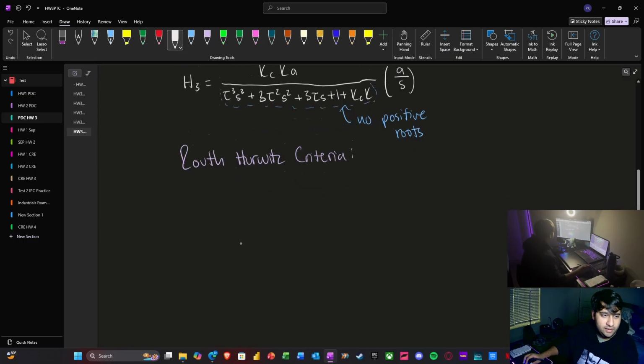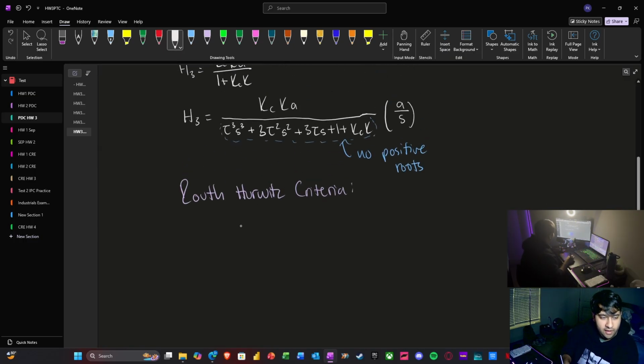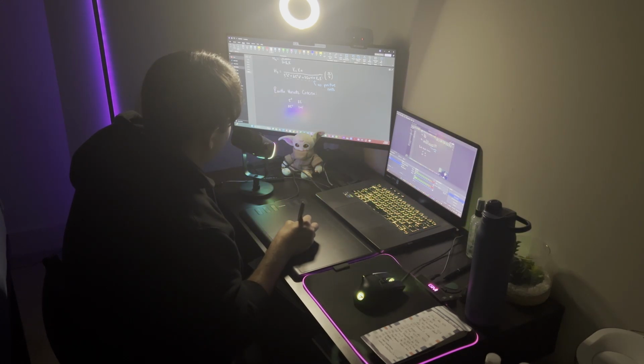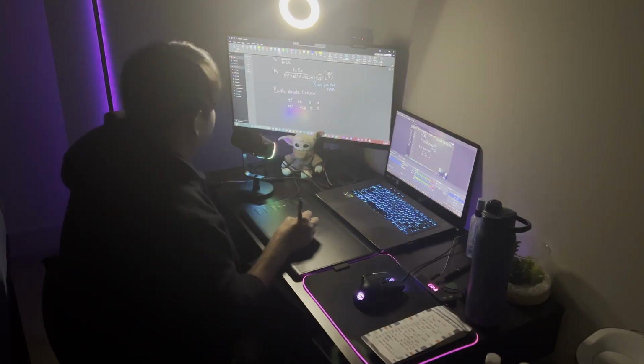And basically how we want to set this up is, okay, so now we're going to have our s cubed row: tau cubed, 3 tau, I believe this is 3 tau squared, and then 1 plus KcK, and then we'll have 0 0 0 0.